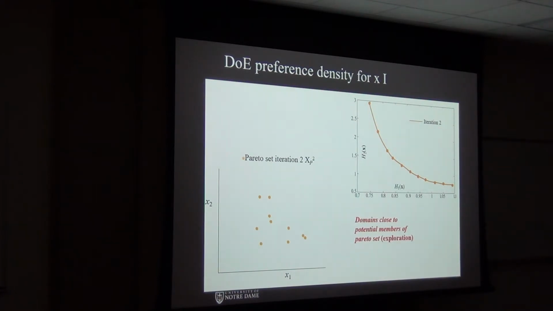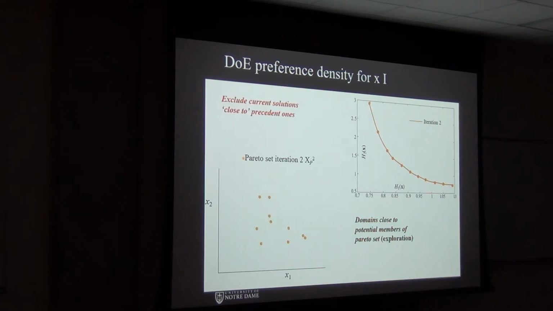You should still cover the whole domain: out of your 200 experiments, maybe add 20 or 30 in non-explored regions, but you should focus more of your effort on better exploring the regions of interest. So you can throw a kernel density, and then you can create this preference density to get more new experiments.